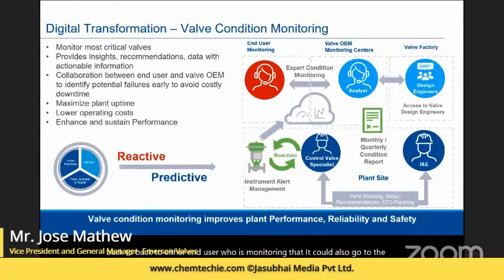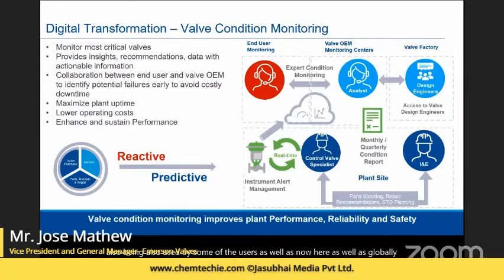And the beauty is that you can take advance action before an event occurs. Again, what we call predictive maintenance, which enables a plant to operate much more reliably and safely. It also improves the uptime and the performance of the plant. Again, all these capabilities are currently available and also being used by some of the users here as well as globally. So again, a lot of changes have happened.